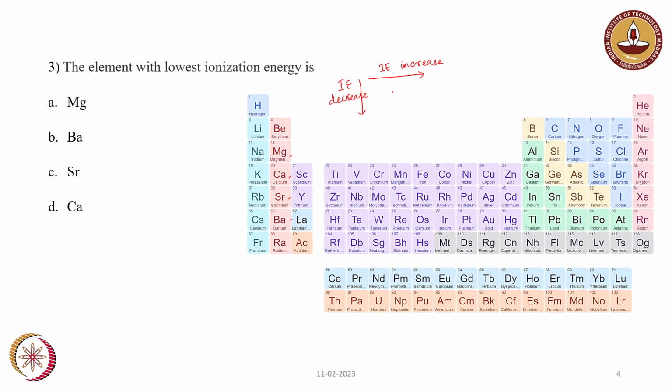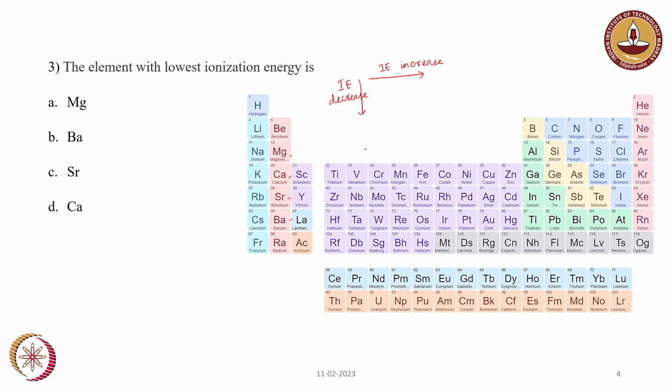When you move along a period, the effective nuclear charge is increasing, so the energy required to remove an electron increases.